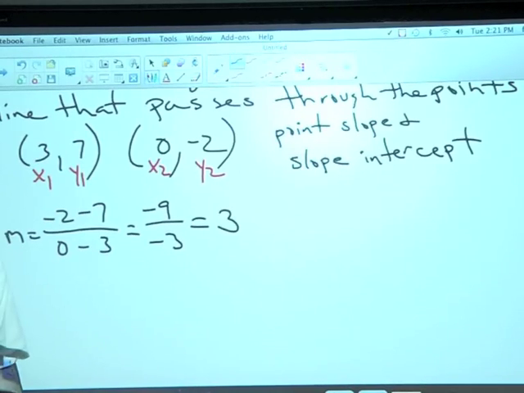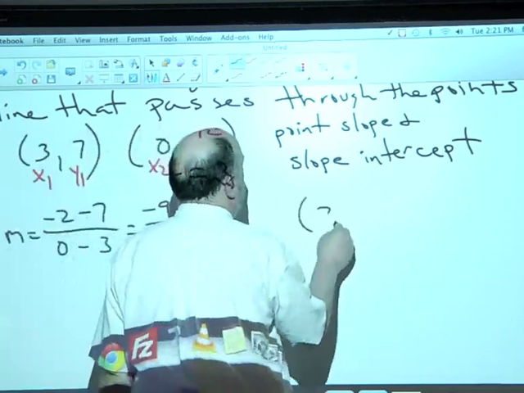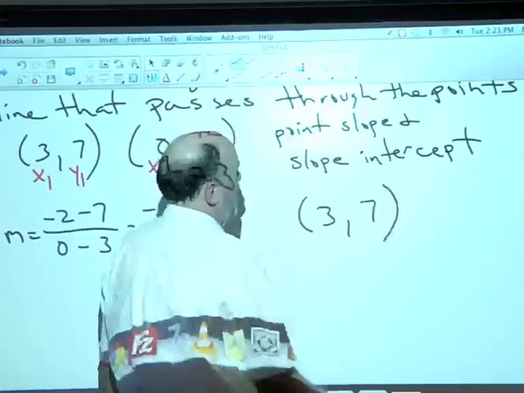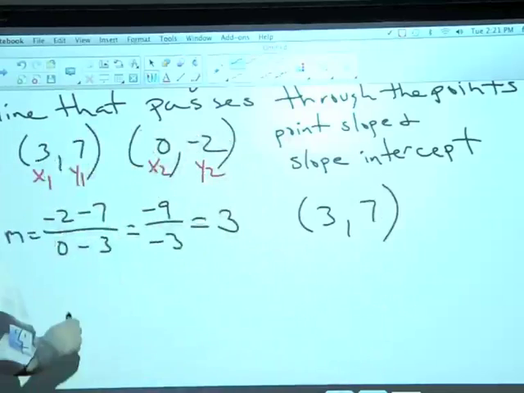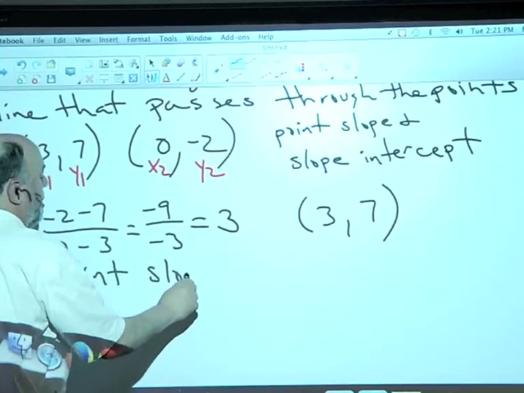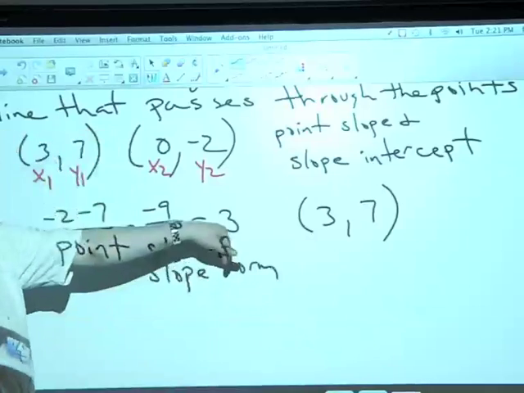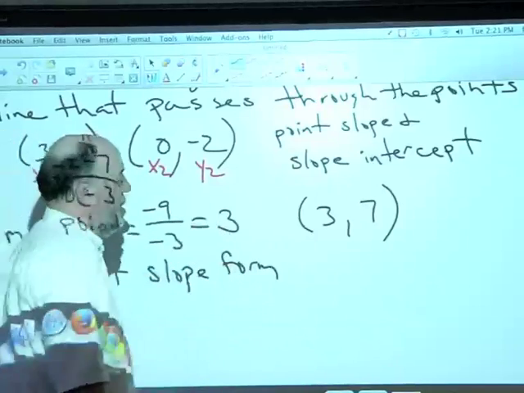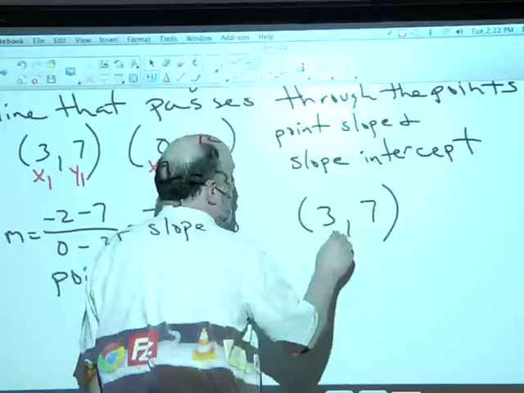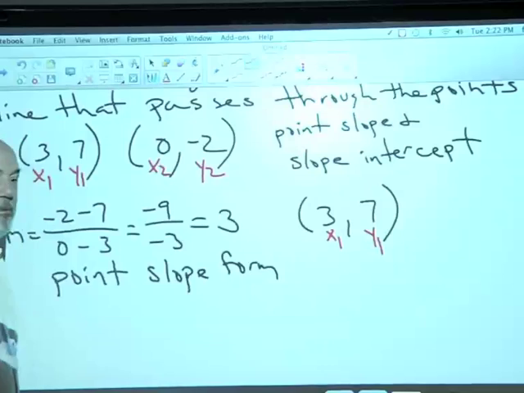So we're going to take one. For the sake of argument, let's take the point 3, 7, and I'm going to find point slope form. This is my M. This is my X1. This is my Y1.